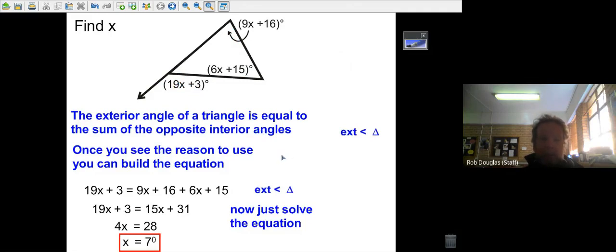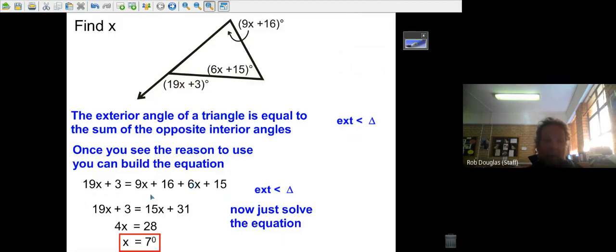But your first thing is to notice what reason you might be able to use. And when you build your equation, you have to write down the exterior angle of a triangle. Well, once you see the reason, you know it's an exterior angle and you've got these two angles, you can build your equation. So here we go. We're going to take this 19x plus 3, that's your exterior angle.